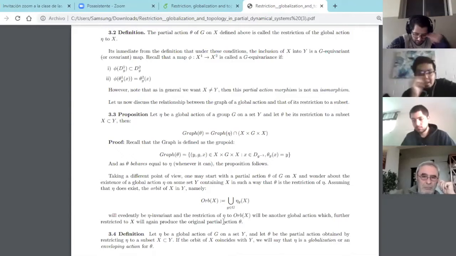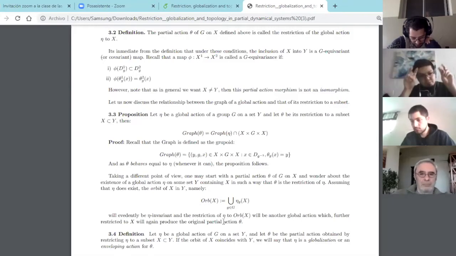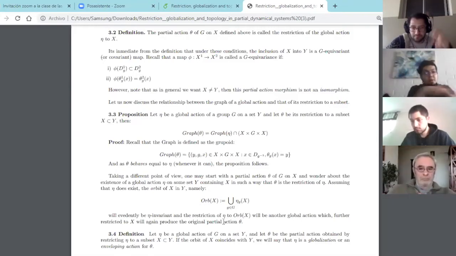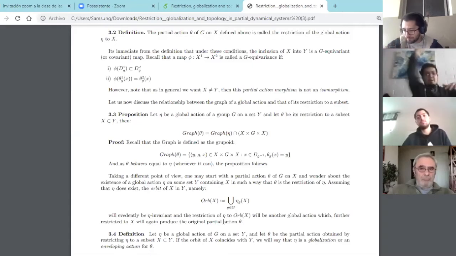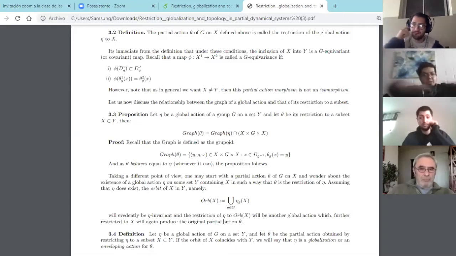This is another global action, considered in the space C3, and it's bigger. So it contains, as a smaller partial action, the one we have over the plane. But it's way too big. The elements of X do not reach those that are above or below. It just reaches its own level.